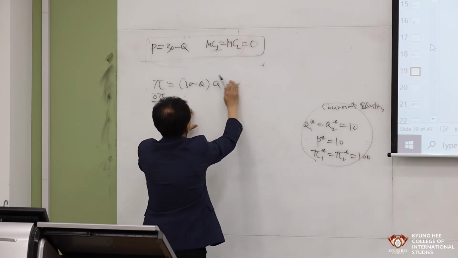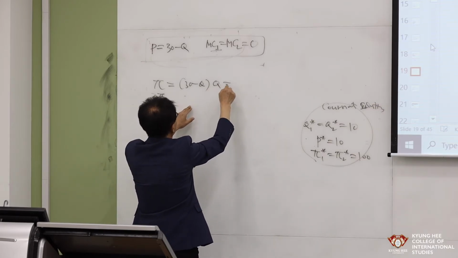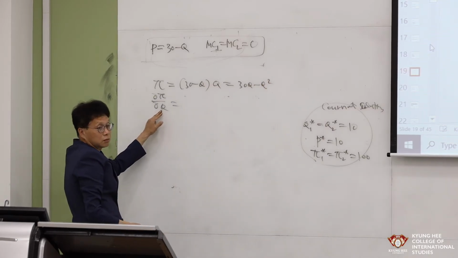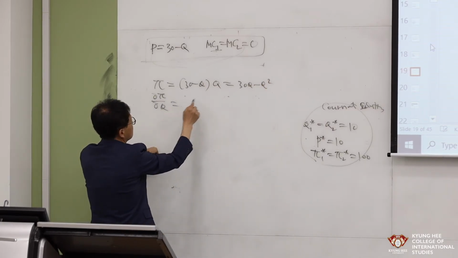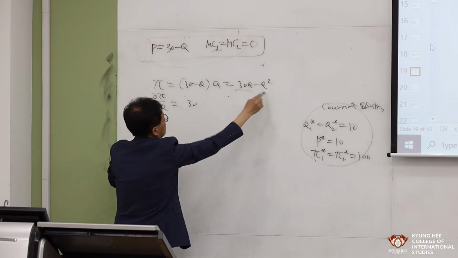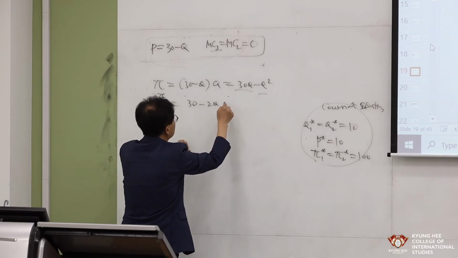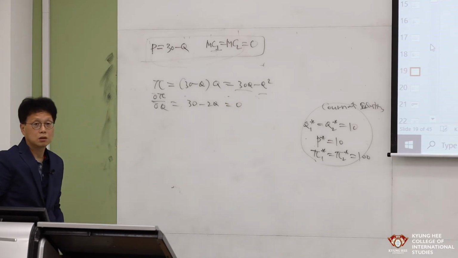That means, expanding this, 30Q minus Q square. And marginal revenue is equal to 30 minus 2Q, right? This one is equal to 0, right?